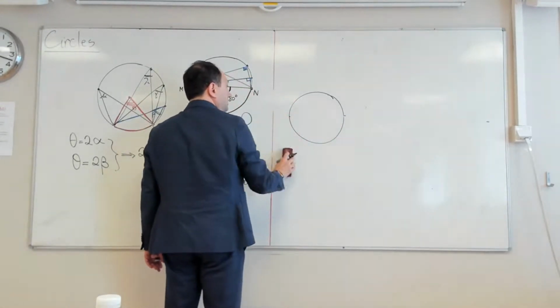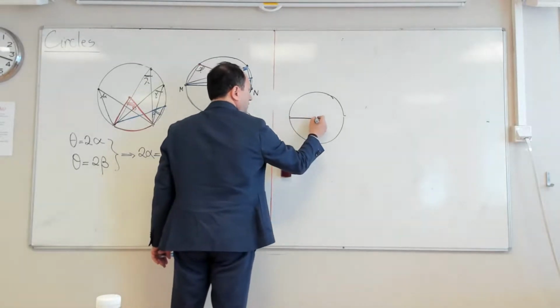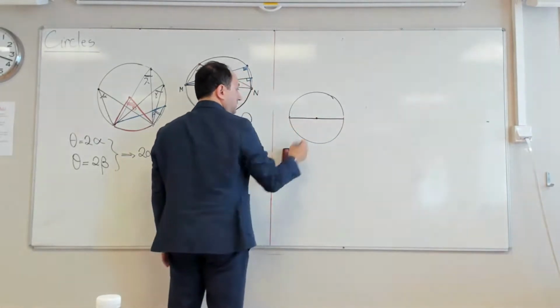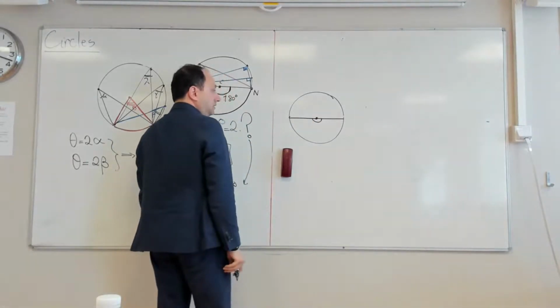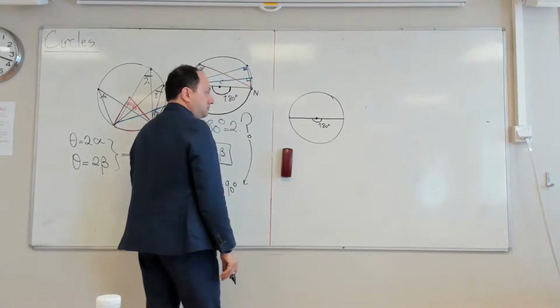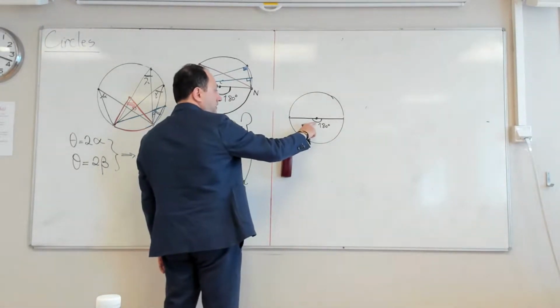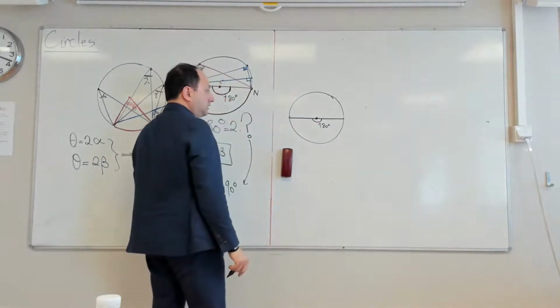I find the center, I draw this line, and I draw the opposite line. Yes? So this becomes a diameter. So this is a central angle. And what is the size? It's clearly 180, yes?